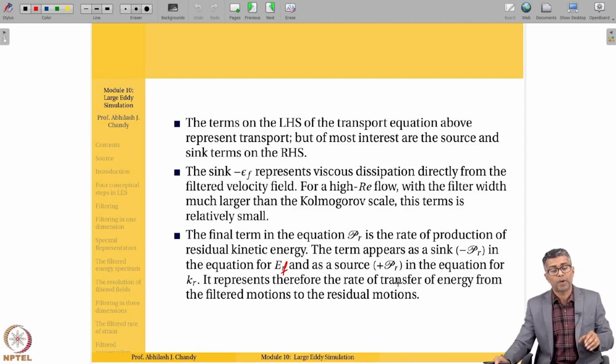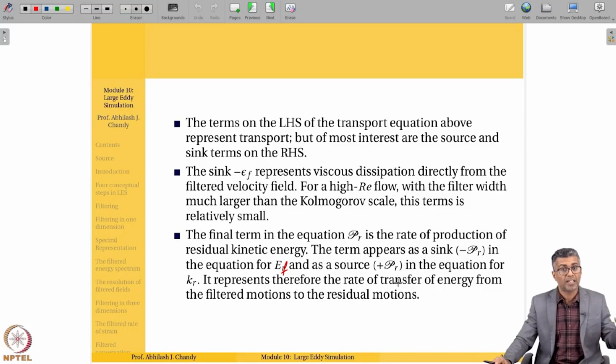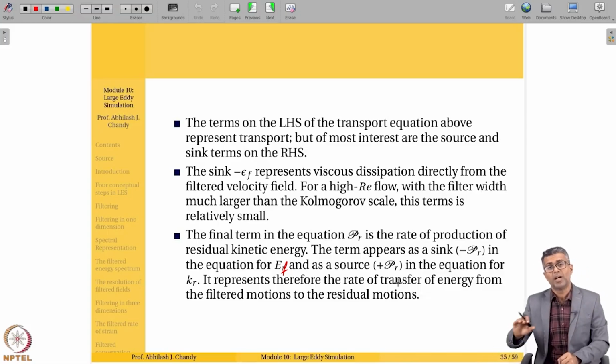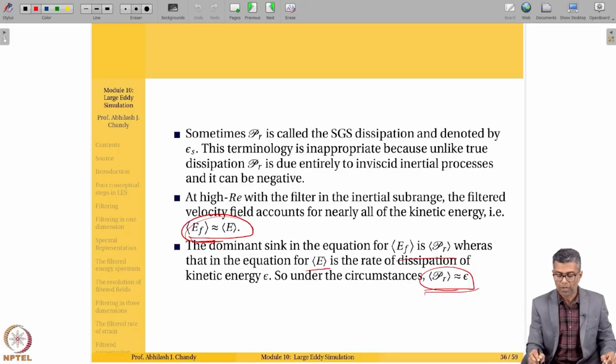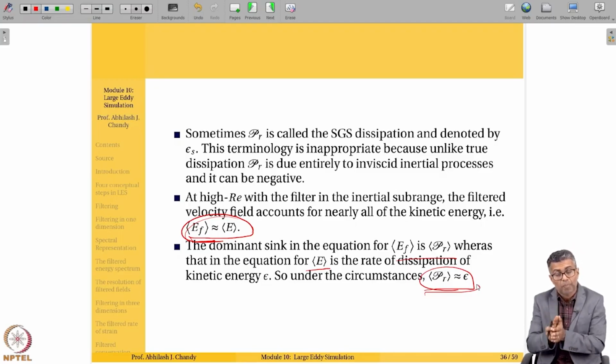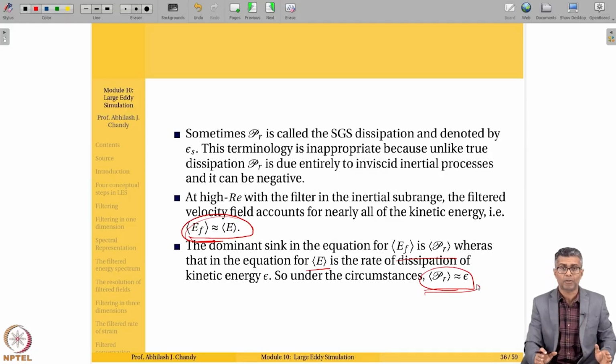If dissipation is not present in the inertial range, because viscosity does not play a role, then once the energy gets transferred from the large scales to the small scales, you have dissipation at the small scales, which you are not taking care of in LES. That is true, but you can now say that PR would be approximately equal to epsilon, the dissipation that is active in the dissipation range at the small scales, which we consider in the DNS and do not consider in the LES. So PR is approximately equal to epsilon.